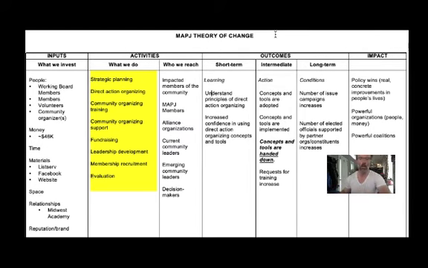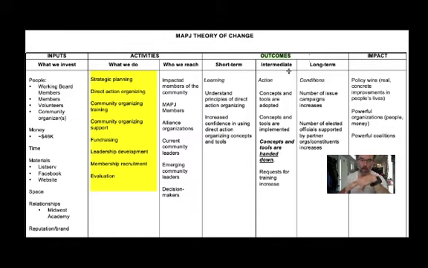Okay, so what are we looking at here? The theory of change is split up into basically four parts. Inputs are things that our organization and our people are putting into the organization and the work. Activities are what we do with those inputs.